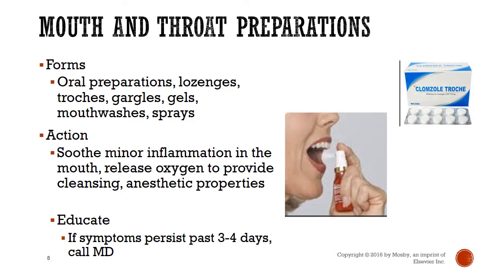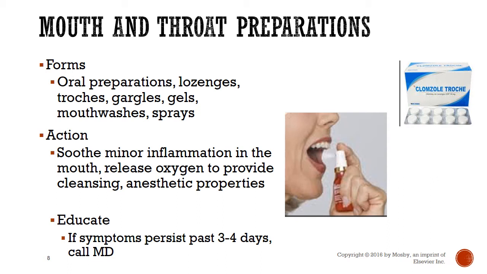So let's kind of talk about some of the things that we would administer in those particular areas. Mouth and throat preparations. You could have forms of mouth and throat medications such as oral preparations, lozenges, troches, any kind of gargle that you might have to do, gels, mouthwashes, and sprays.